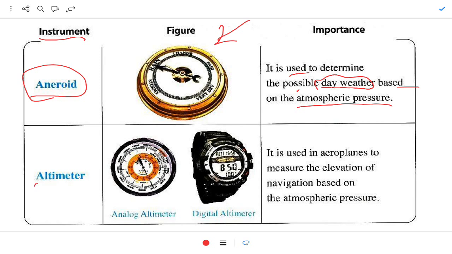Altimeter is the second instrument. It is used in aeroplanes to measure the elevation of navigation based on the atmospheric pressure.